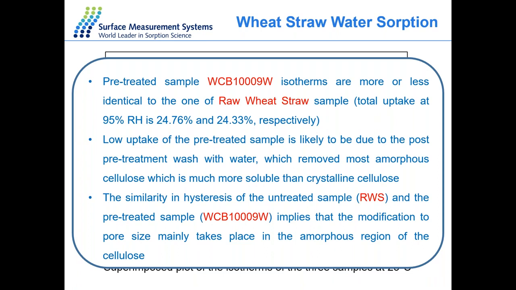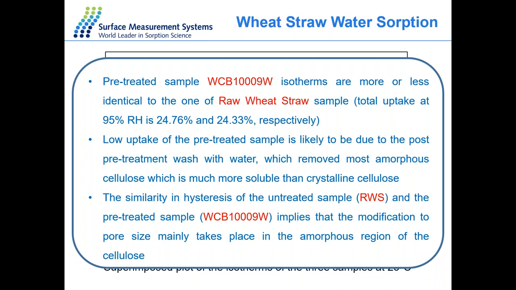So the, let's say, lower uptake of the pretreated material is likely due to the fact that we remove the amorphous material when we wash it, which is present after the extrusion but removed after an extra washing.